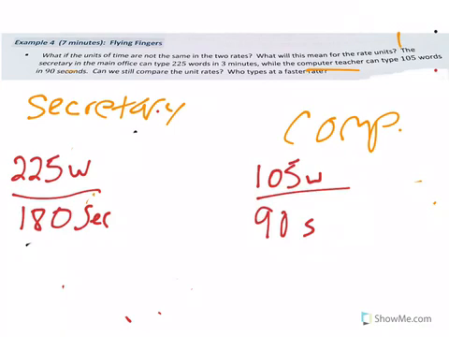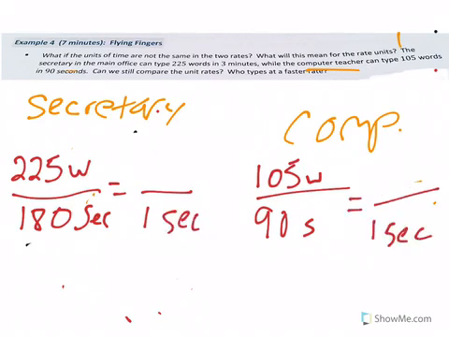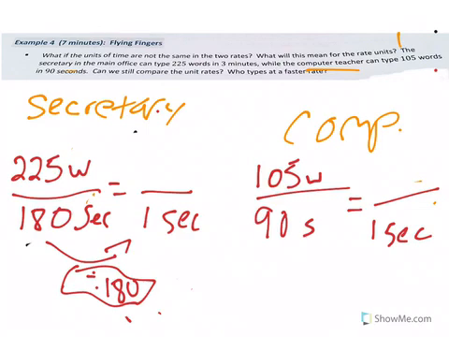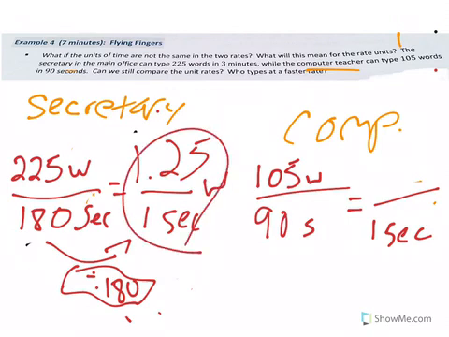The other thing that we could do is say, okay, we want to boil this down to 1 second on each side, right? So in this case, to get from 180 to 1, we've got to divide by 180. Now, if you throw that in your handy-dandy calculator, you're going to end up with 1.25 words per second.